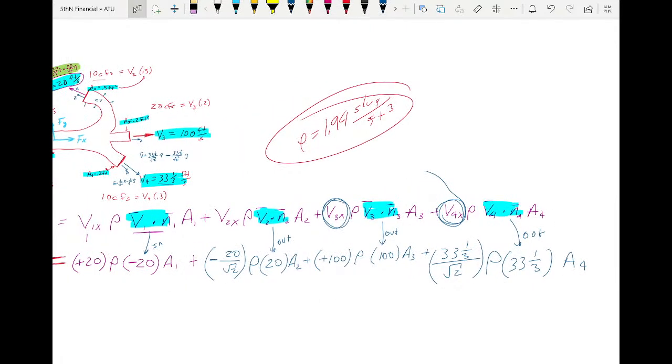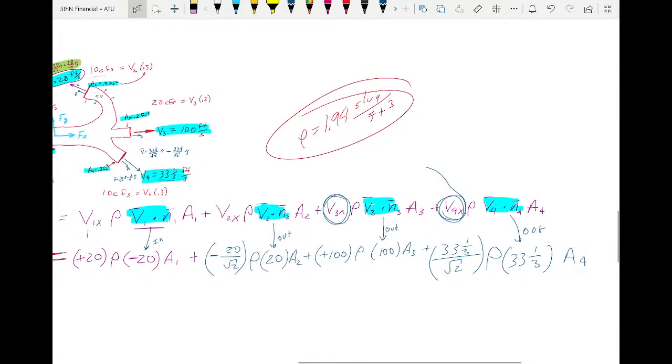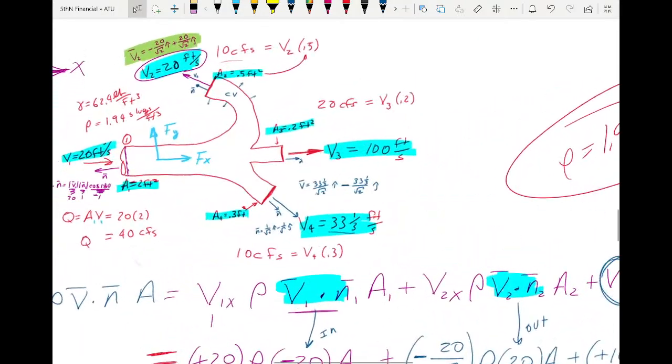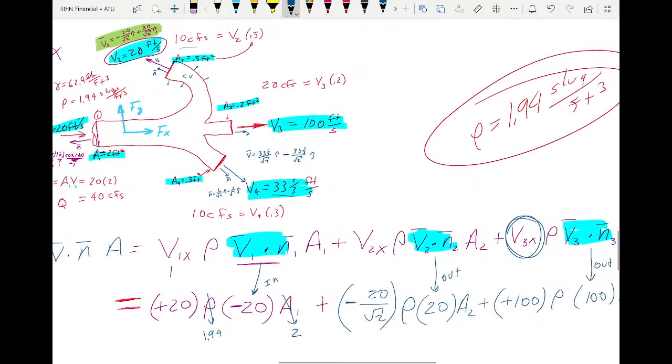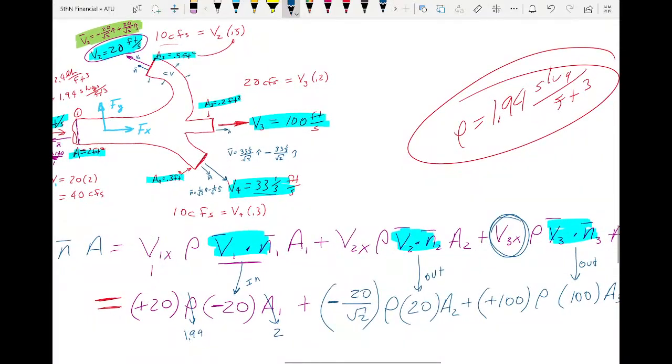So now you can go ahead and put in your 1.94 so you know. Okay, so here's what I'll do. A1 is 2. So I'll say this is 2. This is 1.94. Area at 2 is 0.5. 1.94. 1.94.